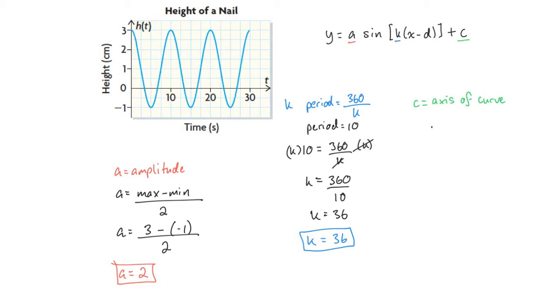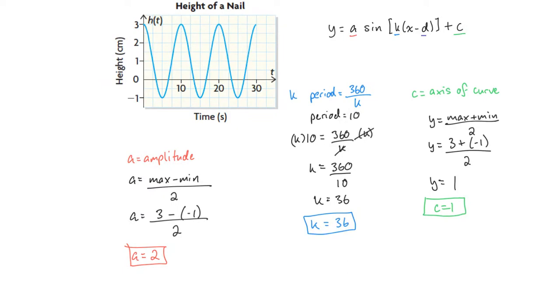Our equation is y equals our maximum plus our minimum, all divided by 2. So our maximum is 3, and our minimum is -1. And 3 plus -1 divided by 2 is just 1. So the value of c is +1.